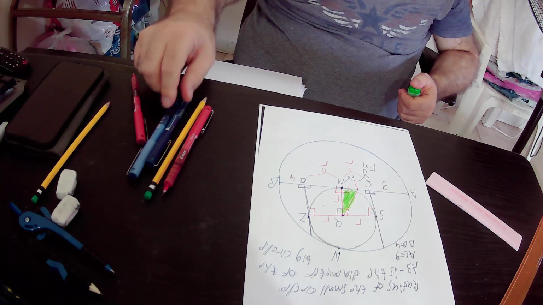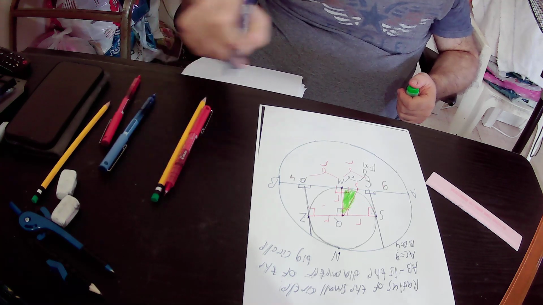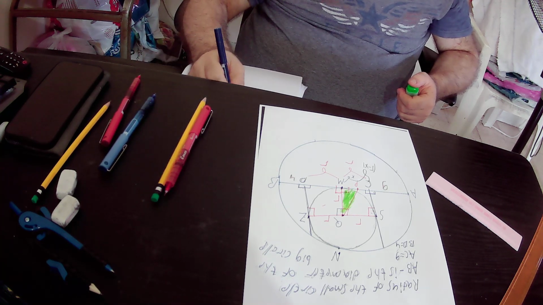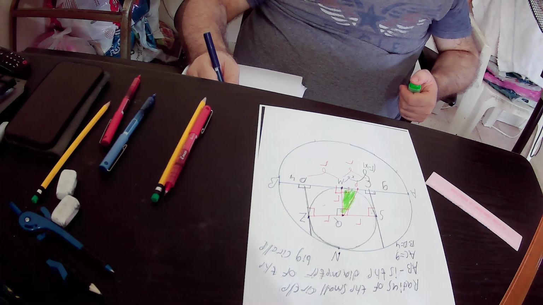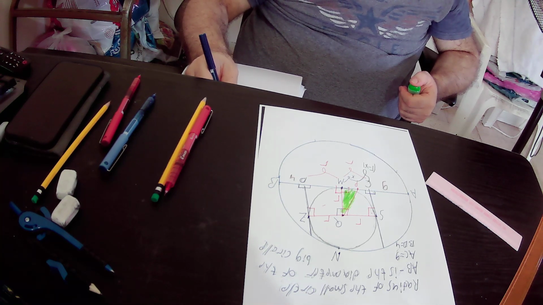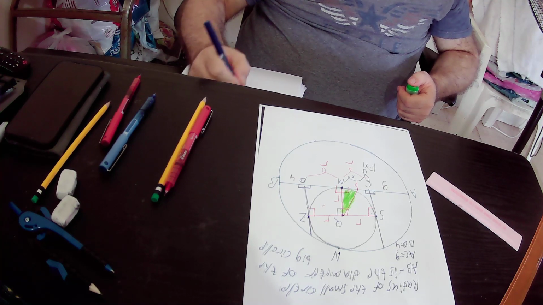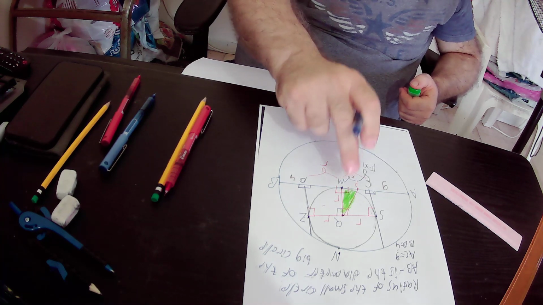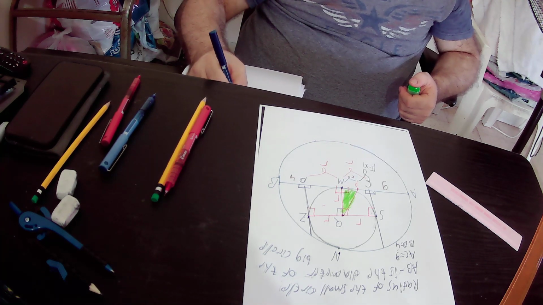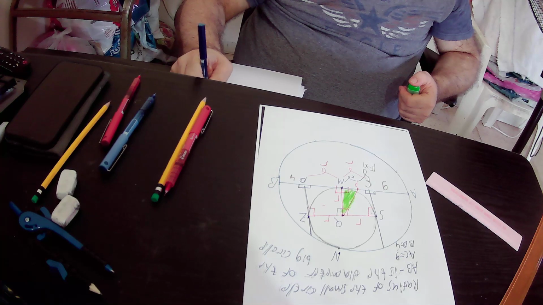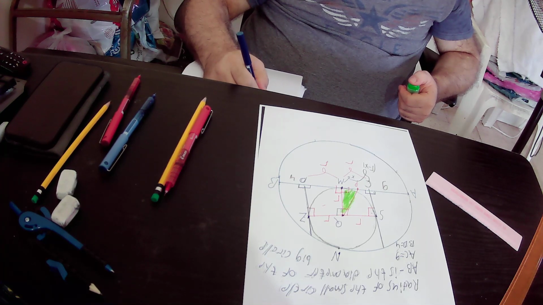That is to say, the square of the hypotenuse, QP square, equals PM square plus QM square. That is according to the Pythagorean theorem.